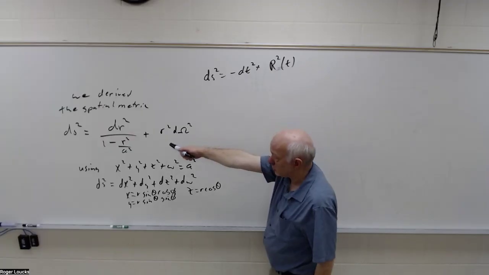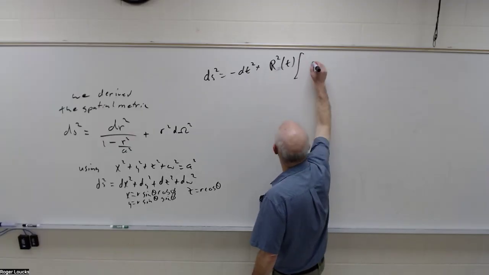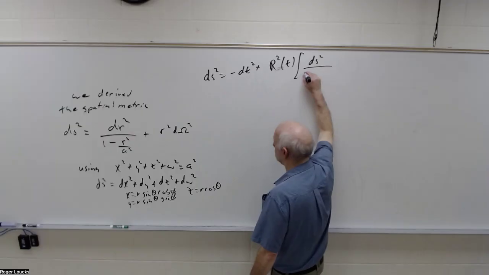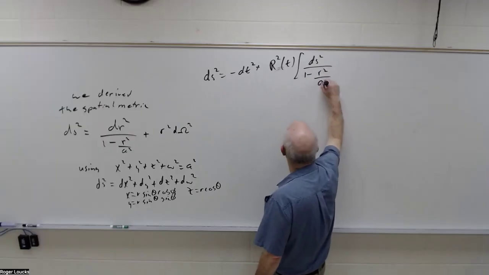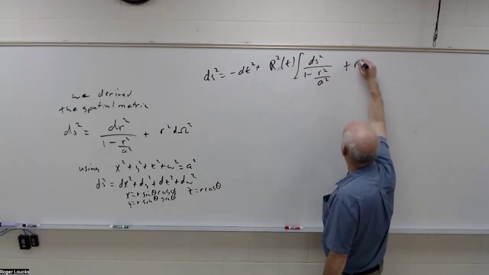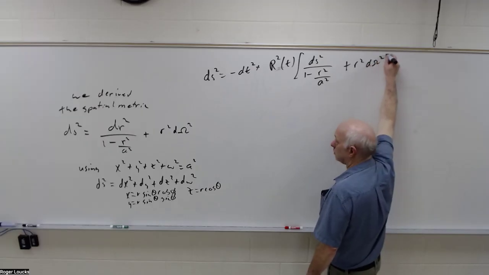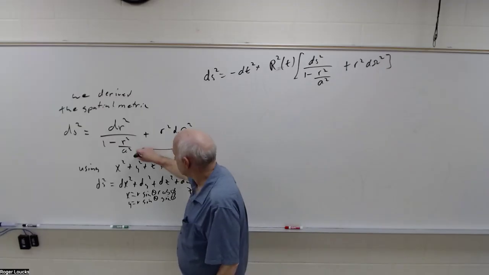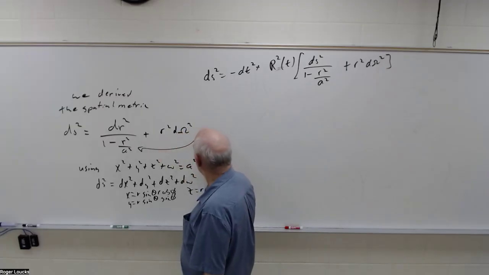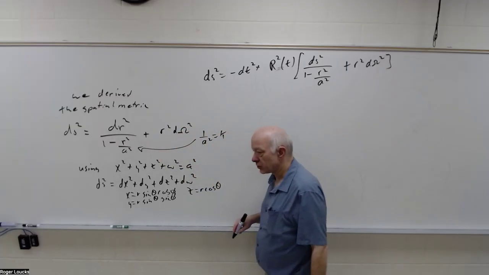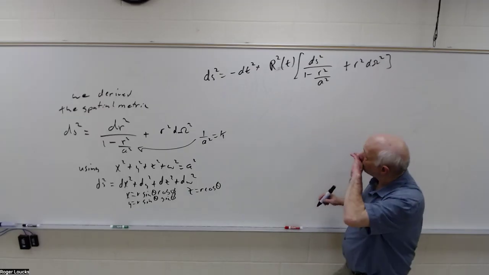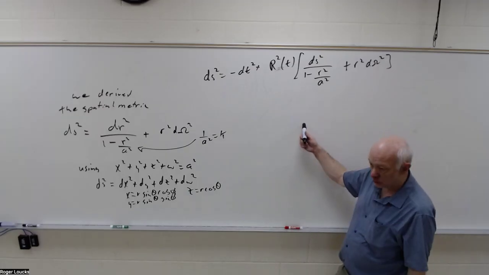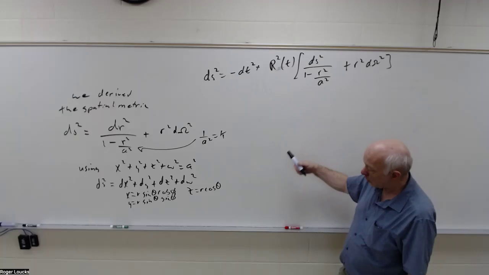And then he puts in the spatial coordinate here. Just so you know, in Carroll's book, this 1 over a squared is the curvature here. And so this is one metric.